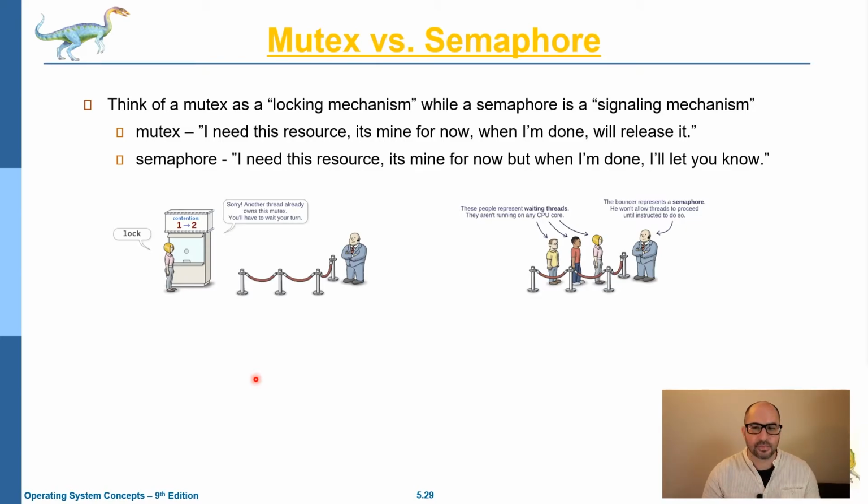I'll let you know. Another conceptual difference is that unlocking an unlocked mutex doesn't do anything, but signaling a semaphore will increment the semaphore, even if it already has a value that's not 0. So they're not quite the same. They're just a little bit different. Though you can use a semaphore with value of 0 or 1 as a lock if you don't have a mutex.